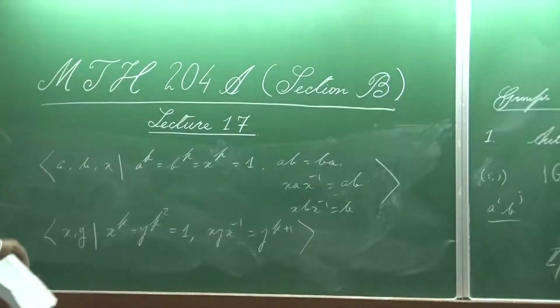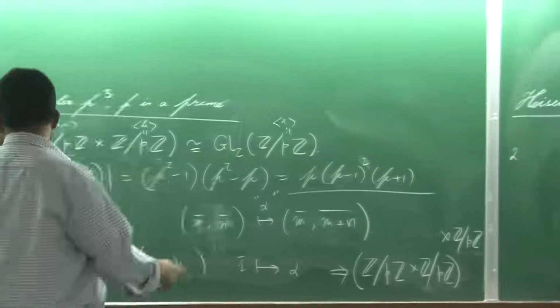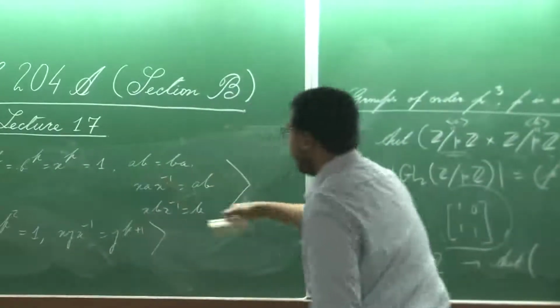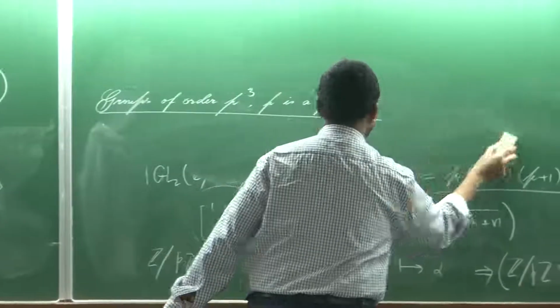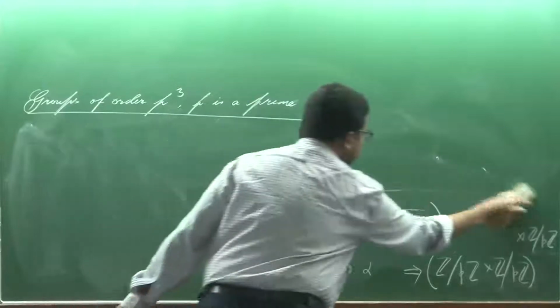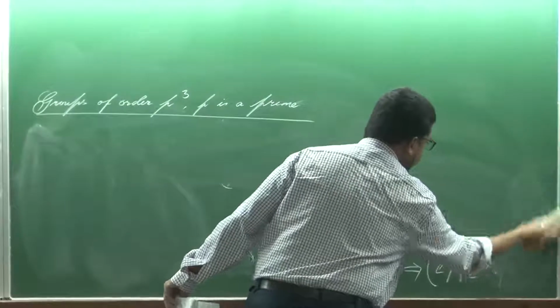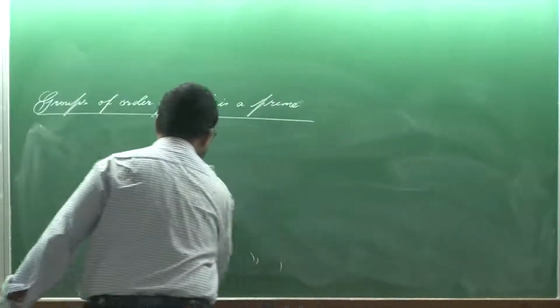So that is how we can write down the second group. Here also it is just a notation. The reason for writing in this notation is that it's easier to put down why the groups are not isomorphic when p is 2.